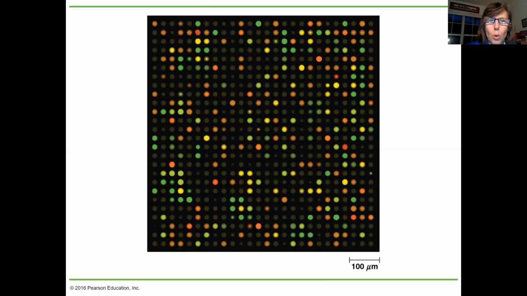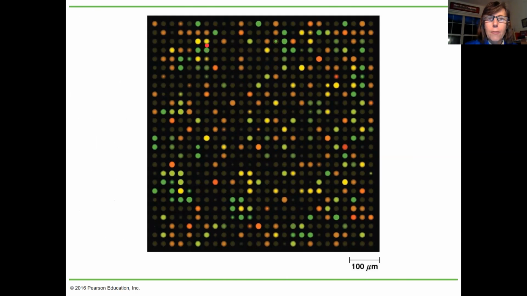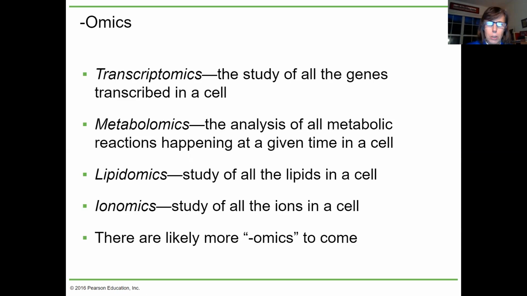The slightly orange ones, and there are some brighter red ones like this, indicate that there is less of that gene being expressed, less of the protein, less of the gene. And the yellow says that there's no difference. So this is a really handy tool to look at gene expression. So microarrays look at gene expression.